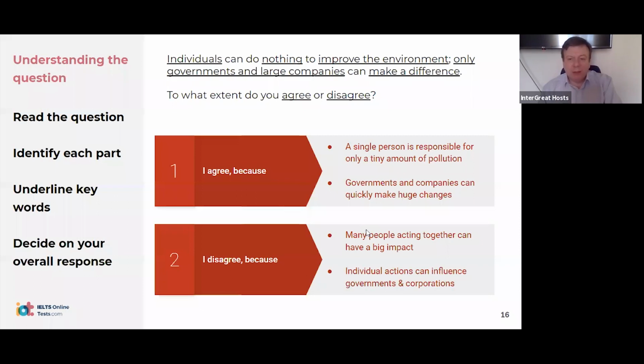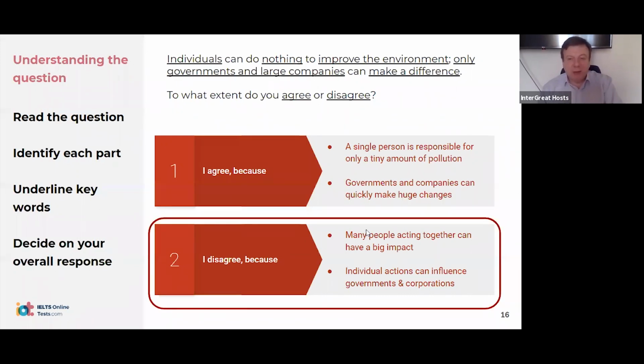Also, individual actions can influence governments and corporations. I'm sure everyone's seen the news these days with a lot of young children or teenagers marching for environmental protection. So we're going to actually choose disagree here.